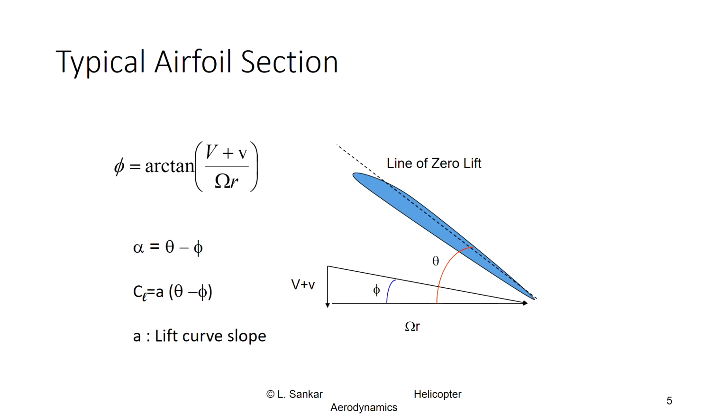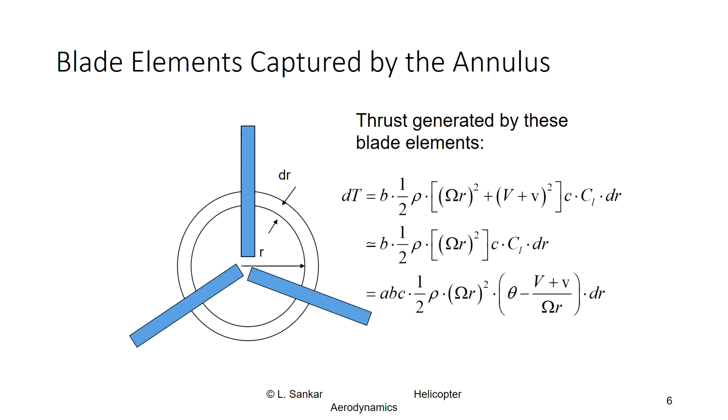Remember, the velocity squared is (omega r) squared plus (V plus v) squared, the horizontal component squared plus the vertical component squared, times the chord times CL times delta r. That's the delta thrust produced by this particular ring.